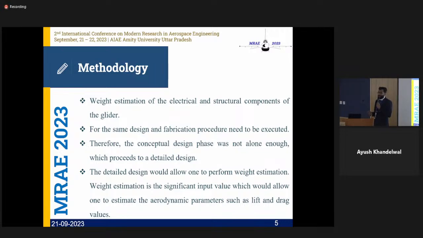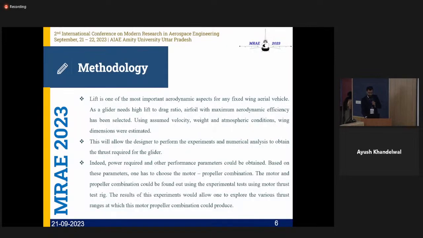For the ribs, I used laser cutting technology. From AutoCAD Fusion 360, I was able to import my design to the laser CAD tool. Because of that, I was able to get the accurate shape of the airfoil, so my ribs came out very good. There is no loss of CL, because when it comes to the manufacturing part, that is where we lose a lot of lift, right? So that is all about methodology.